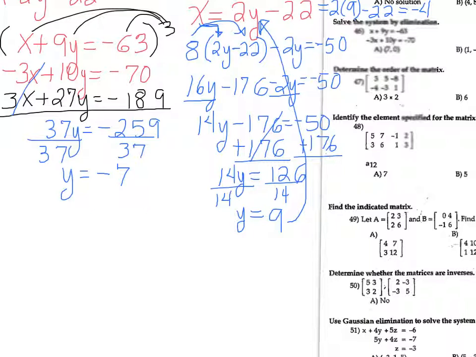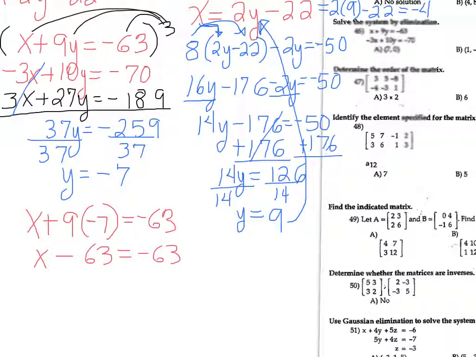Okay, so now that I know y is equal to negative 7, it doesn't matter where I plug it in when I go back, right? Okay, so let's choose which equation we should choose here. The first one. There you go, Marisa. So it's x plus 9 times negative 7 equals negative 63. Then we simplify that. 7 times 9 is 63.